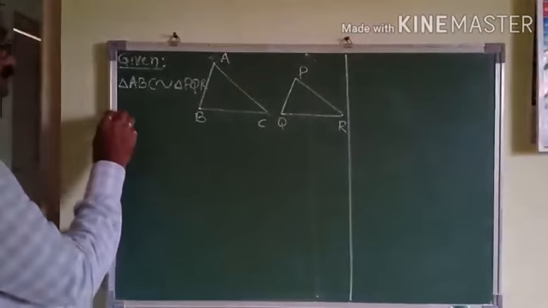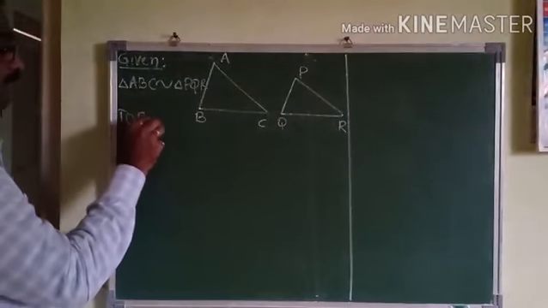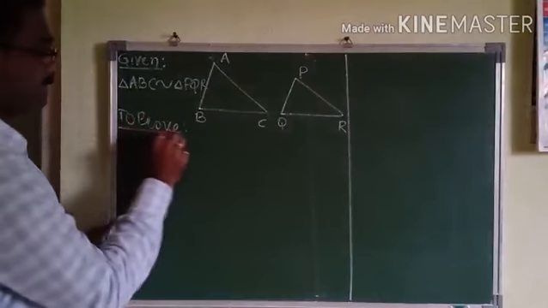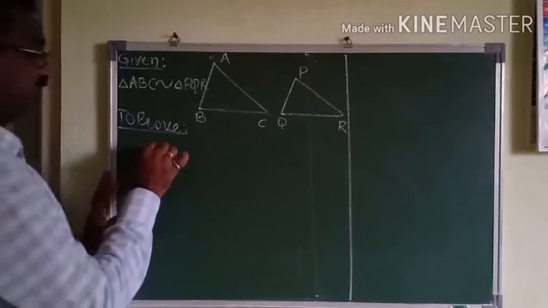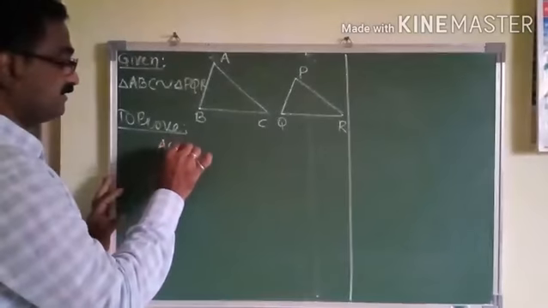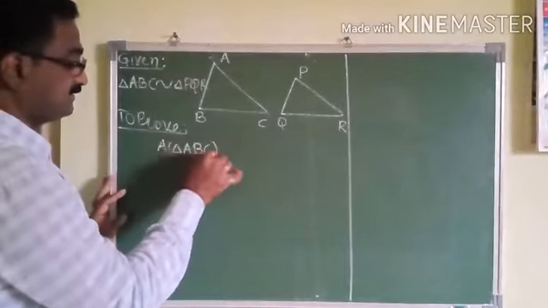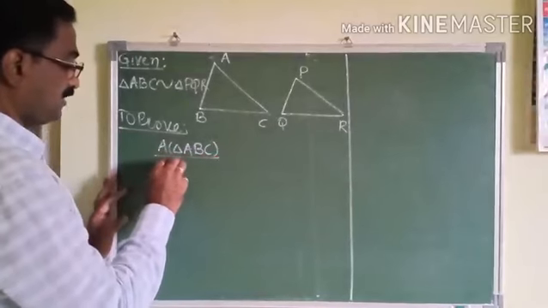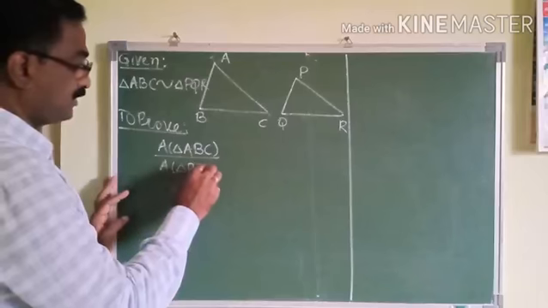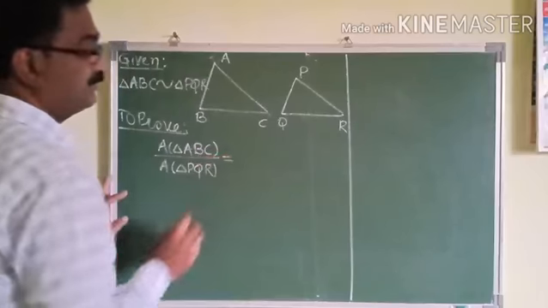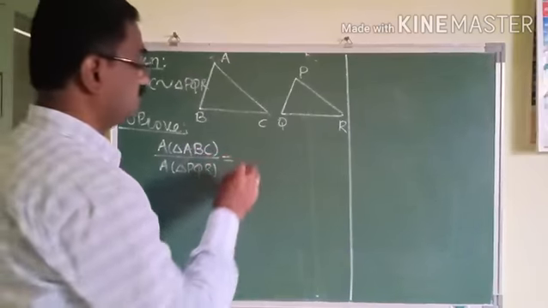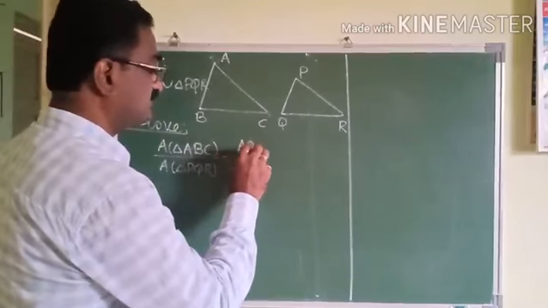And to prove that area of triangle ABC upon area of triangle PQR is equal to the squares of their corresponding sides.